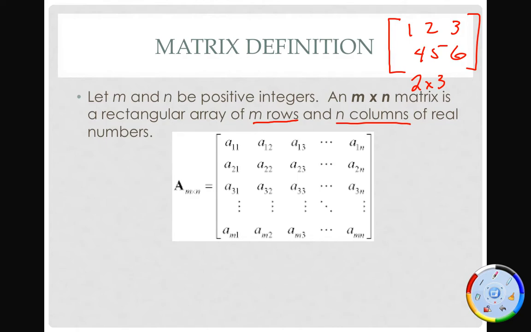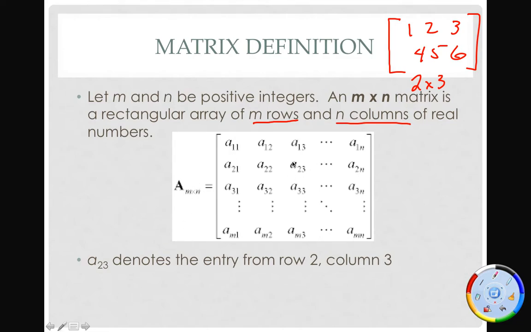Here's an example of a very large matrix. Sorry, it's pixelated. I found a bad version of this picture, but this is an m by n matrix. What we do here is we can indicate each individual element of this matrix by giving it little subscripts. So A11 means row 1, column 1.